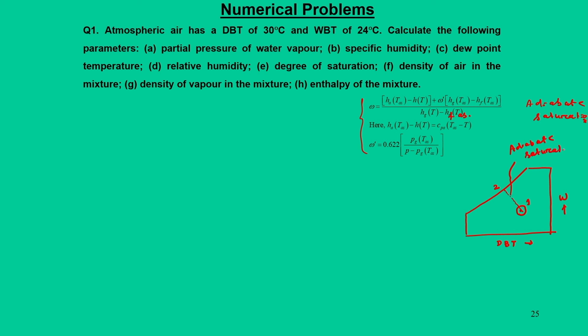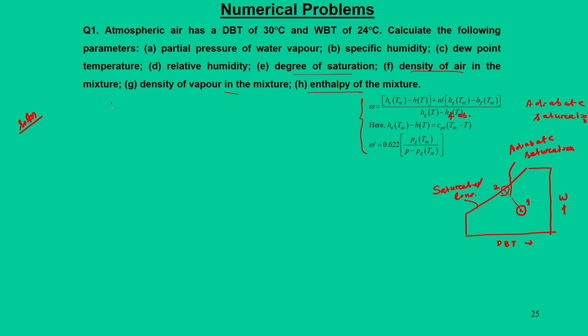Now, why should I go here? Because to calculate the degree of saturation and enthalpy, we require the corresponding values when the air is saturated. So, this is the saturated line.